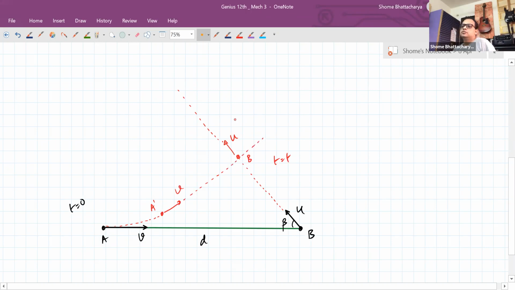And its velocity v is now pointing in this direction. It just so happens that my angle looks like 90 degrees here, but let's take it as a variable. Let's take this theta as slightly acute.